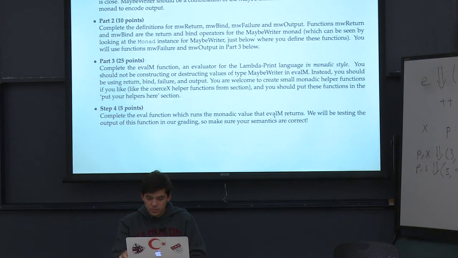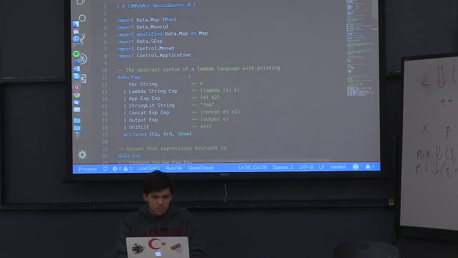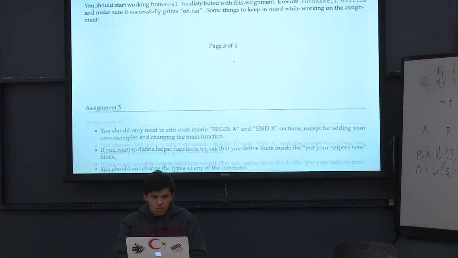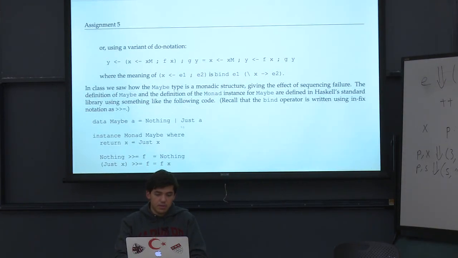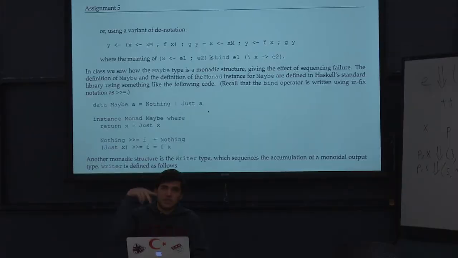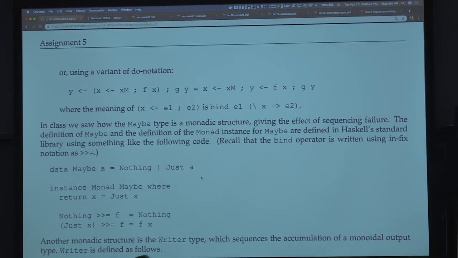And just a quick question. What reminds you guys of this from OCaml? Data maybe A, nothing, just A. Option. The option, right? Yeah. So you can have 'a option that can either be equal to None or Some.